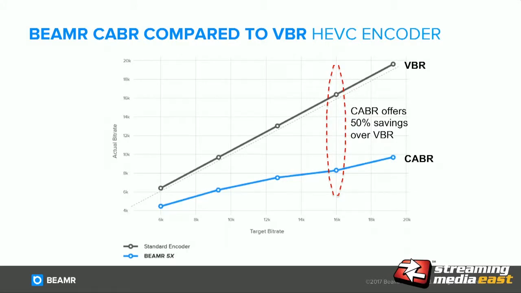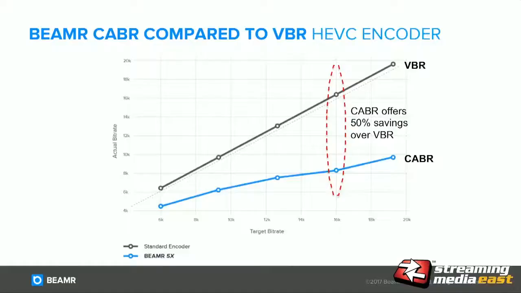What you're looking at here is a very interesting graph. This is VBR. This is our HEVC encoder. This is a very well-established encoder, been shipping 3 years in the market, used by the largest HEVC distributors in the world. What this is showing on the VBR graph is basically the actual bit rate versus the target bit rate, and it's completely linear, as you would expect it to be.